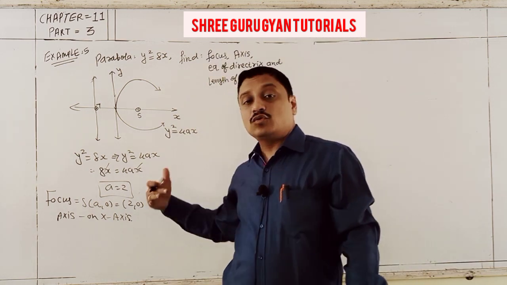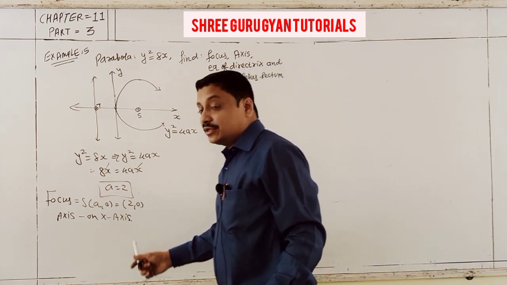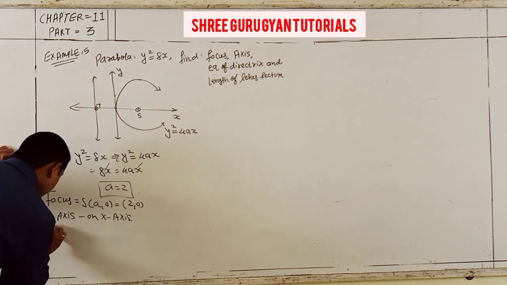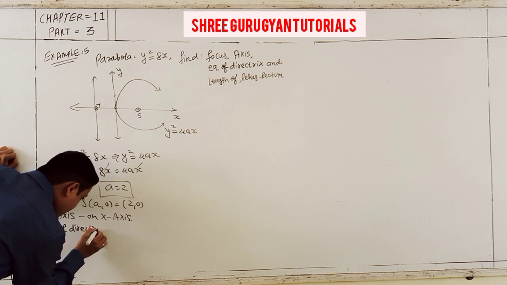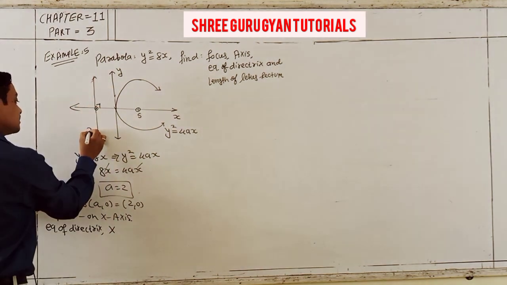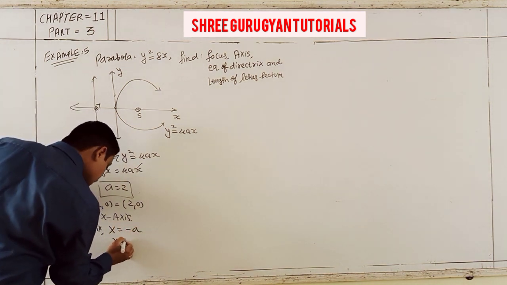It is towards the x-axis, symmetric about the x-axis, that's why I wrote here x-axis. Now third, equation of directrix. My directrix is x is equal to minus a, it is minus 2.